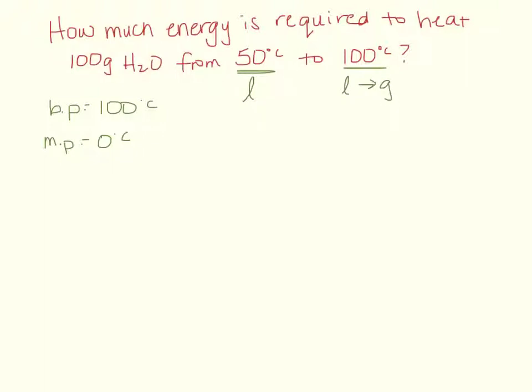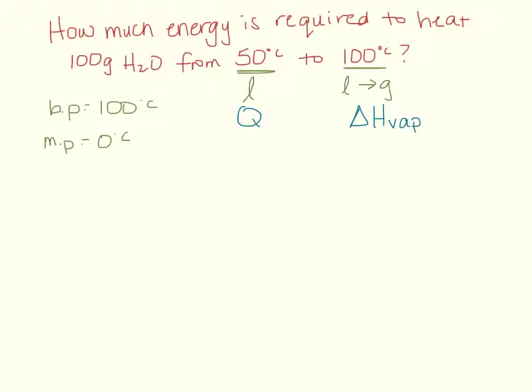So in this problem, we're going to have a Q equals MCΔT equation for the heating from 50 degrees Celsius, but we're also going to have to do our delta H. I'm going from liquid to gas, so I need my delta H vap.